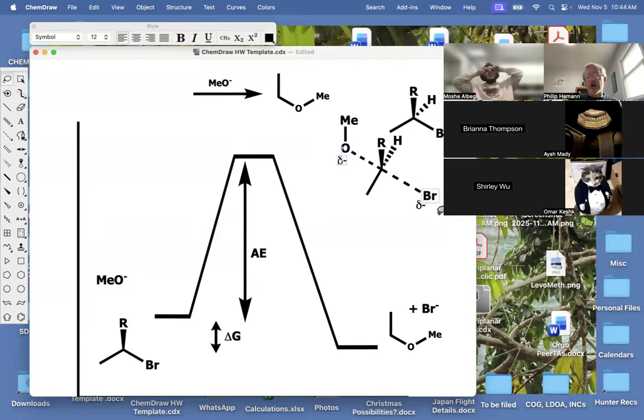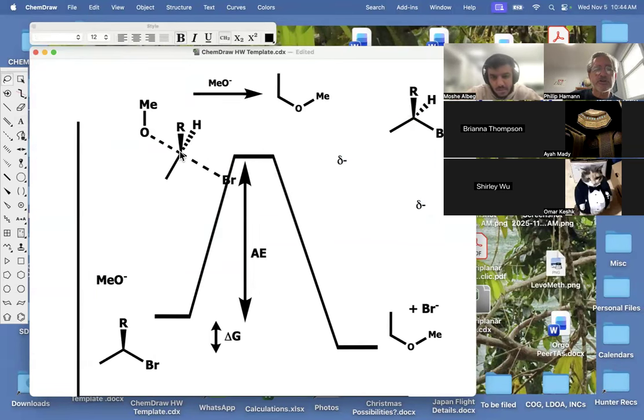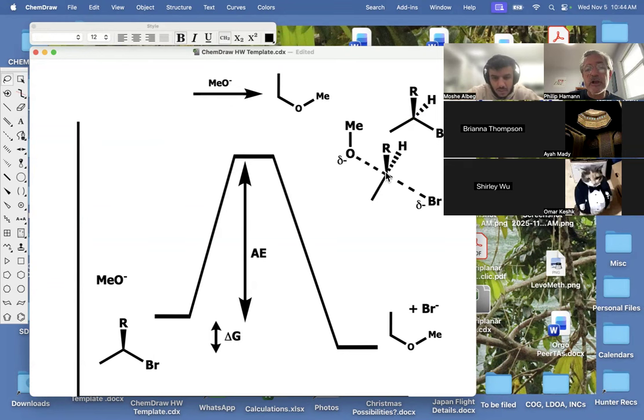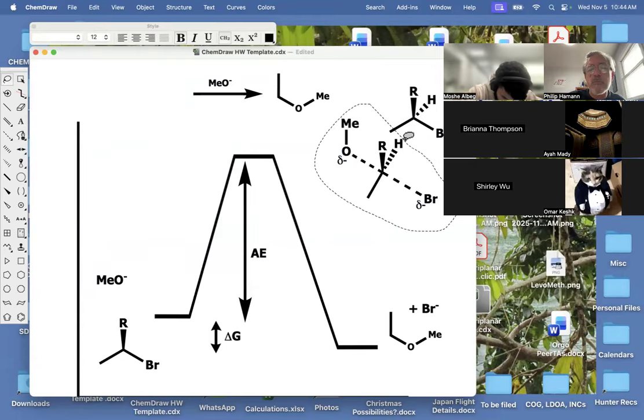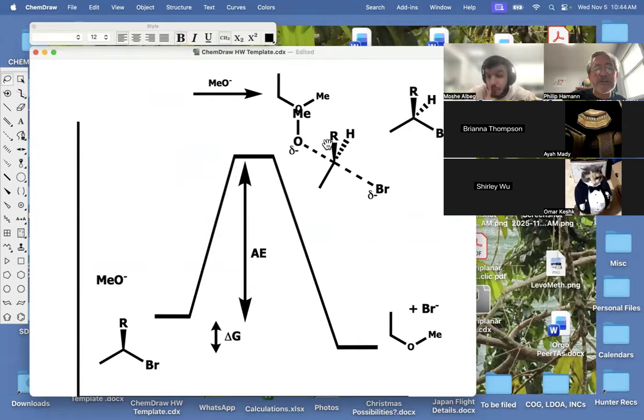Okay, so you have the charges going from the bromine, for the methoxide to make bromide. This is the transition state. Oops, doesn't recognize those. I've never known why, but it's not that smart of a program. So that would be the transition state. We'll just put it there.